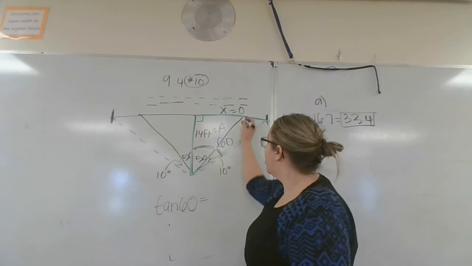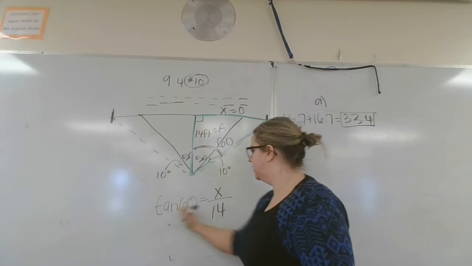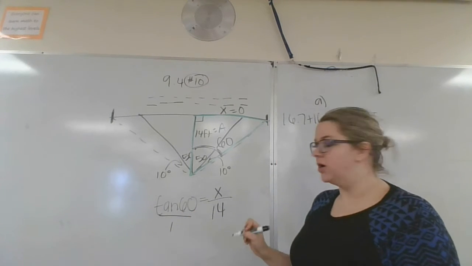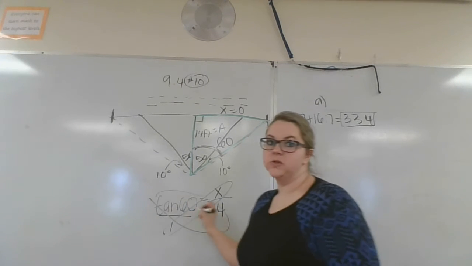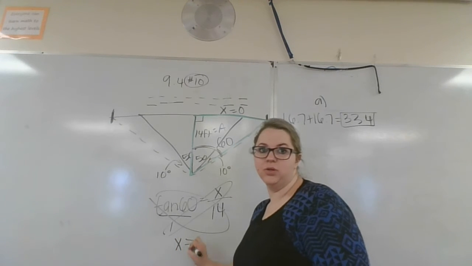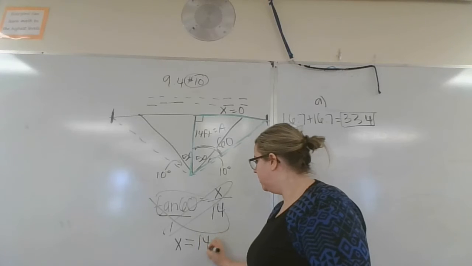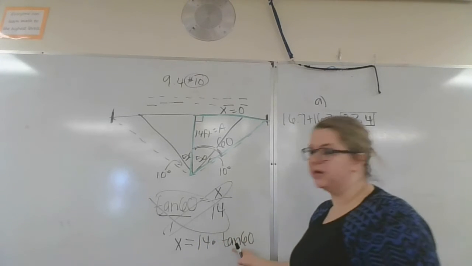So opposite here is x, my adjacent side is 14. I'm going to put this over 1 and cross multiply. So I have x times 1, which is x, equals tangent of 60 times 14. 14 times tangent 60 instead of 50.